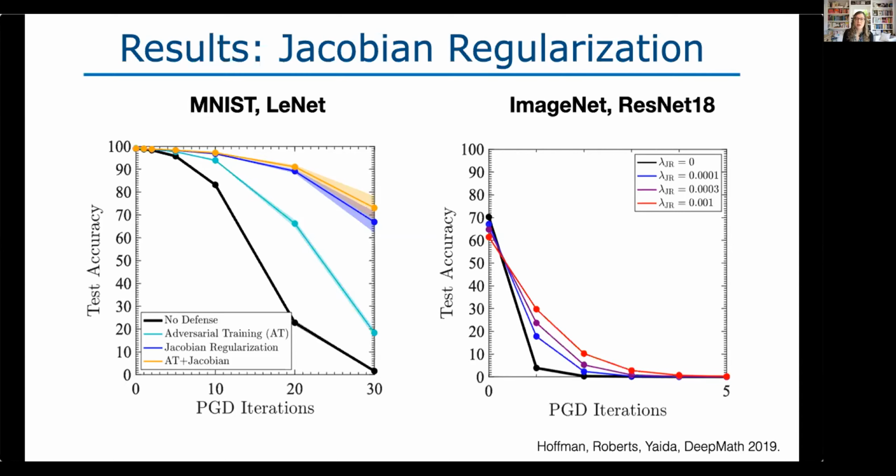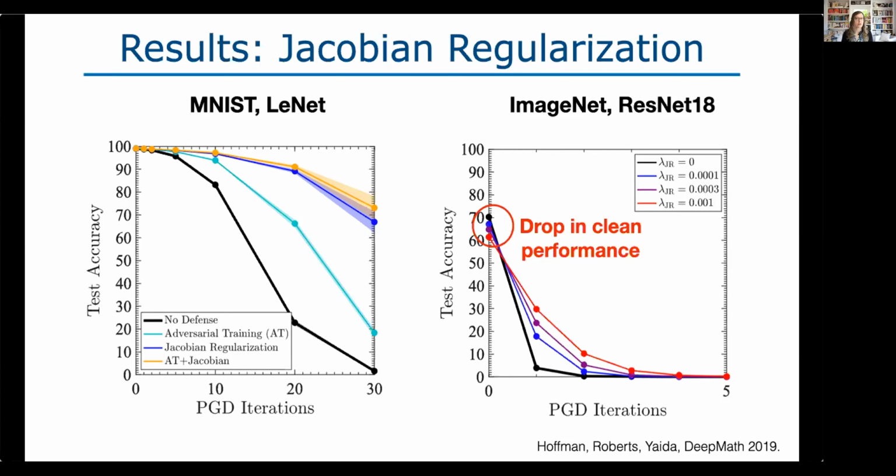But one thing to note here is that as I increase the weight on this regularizer, this lambda JR, we did get higher robustness in response to more PGD iterations, but it was at a cost. These dots that I've circled here illustrate how much drop in clean performance you had in response to increasing the robustness in this way.